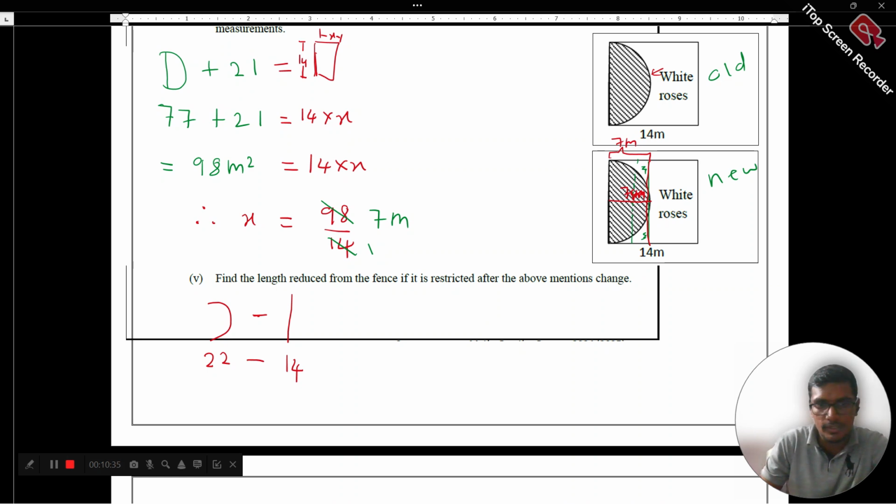That's the only difference. All the other sides remain the same. Earlier it was a semicircular fence, then it became a straight line. So 22 minus 14 is 8 meters. That's the difference. I think it's clear.